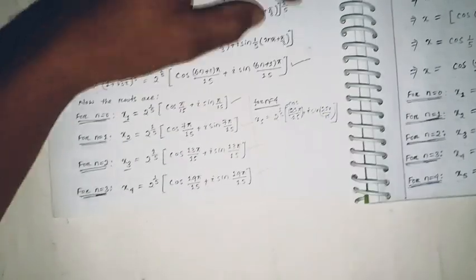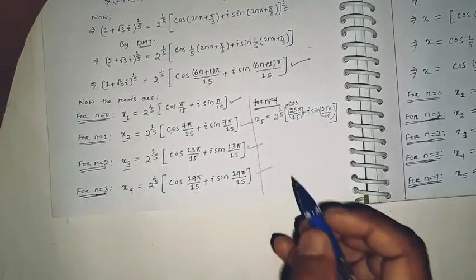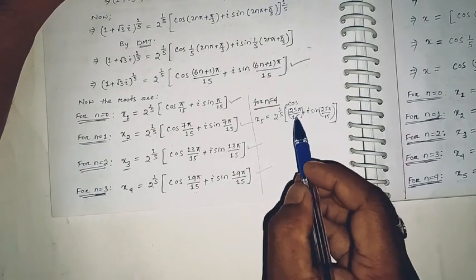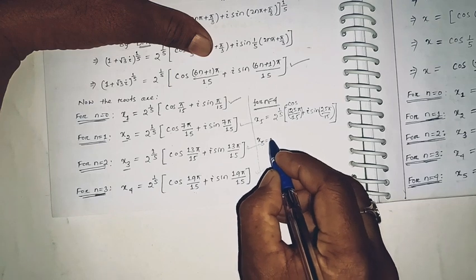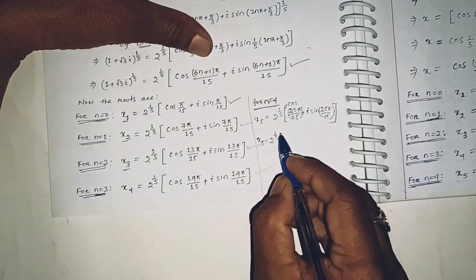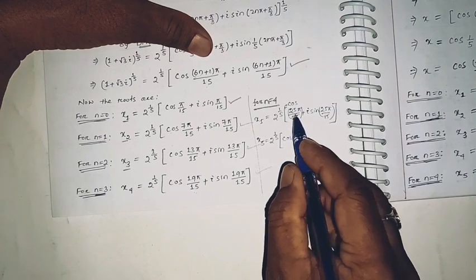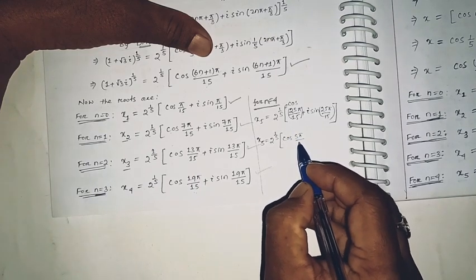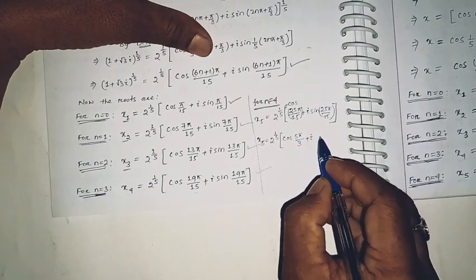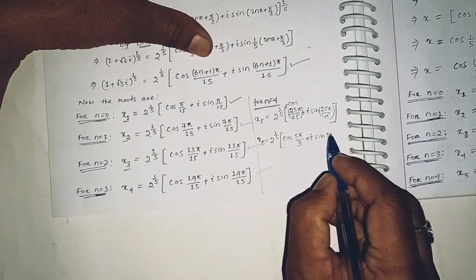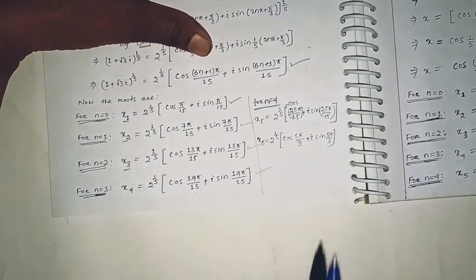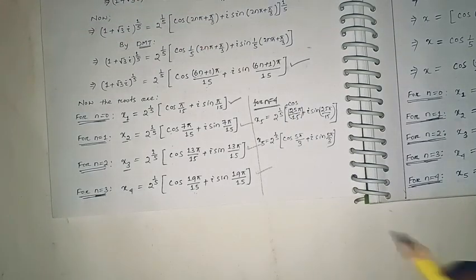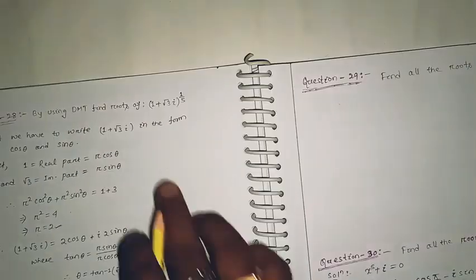This is the fifth root, right? If I divide 25 and 15 by 5, then x5 is 2 to the power 1 by 5 into cos 5 pi by 3 plus i sin 5 pi by 3. So this is the fifth root. In this way we found the 5 roots of this equation by using DMT.